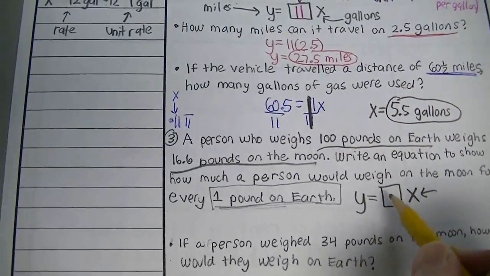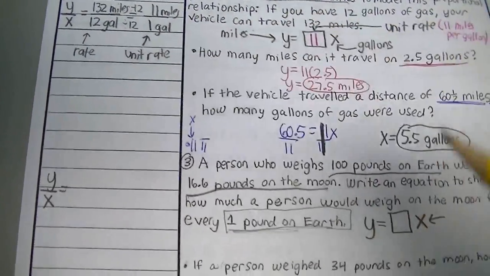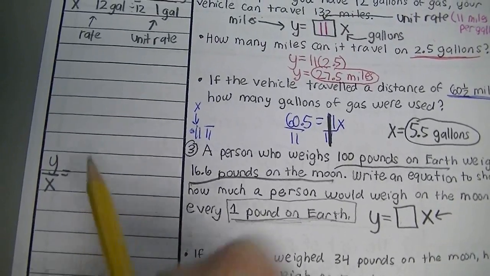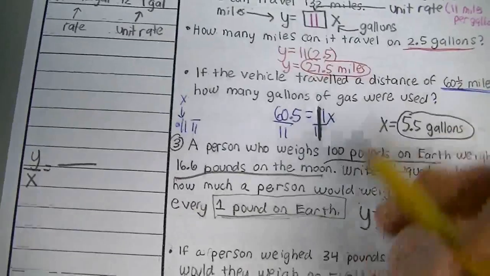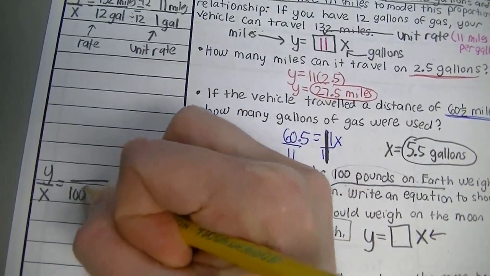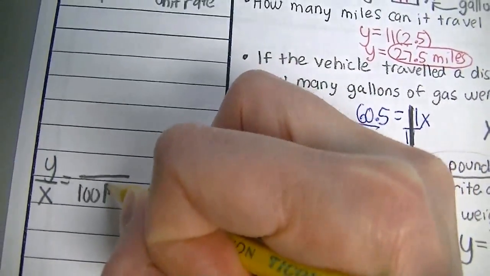So let's go ahead. We need to find that unit rate. So unit rate is y divided by x, okay? Now think about it. You want pounds on Earth in the denominator, so I want that on the bottom. How many pounds on Earth? Okay, so 100 pounds on Earth. I'm just going to write Earth.